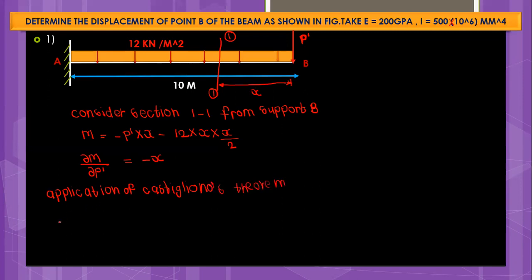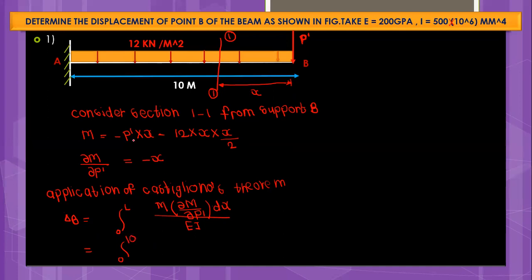The formula to find the vertical displacement at point B is the integral of M into the partial derivative of M with respect to the imaginary force, into dx upon EI. It will give us the displacement at that point. What will be our limits? The limits will be 0 to 10.